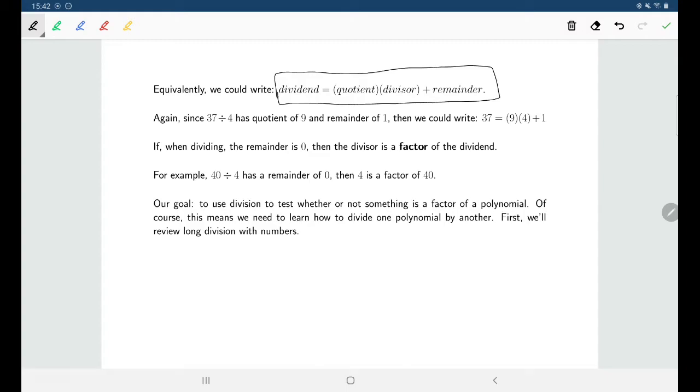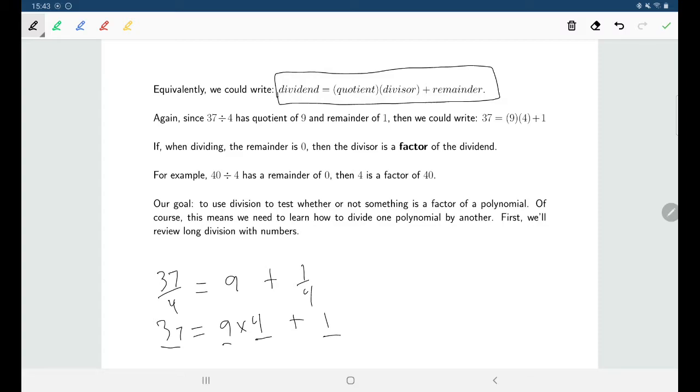So just to put things into context again, we had in numbers 37/4 was the same thing as 9 plus 1/4. And if you multiplied everybody by 4, you could say that 37 is 4 times 9 plus 1. These are two equivalent ways of stating the same relationship between our dividend, our divisor, our quotient, and our remainder.